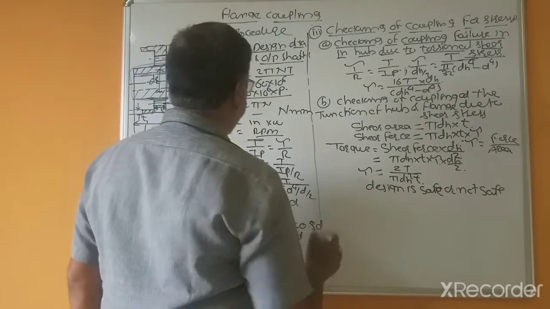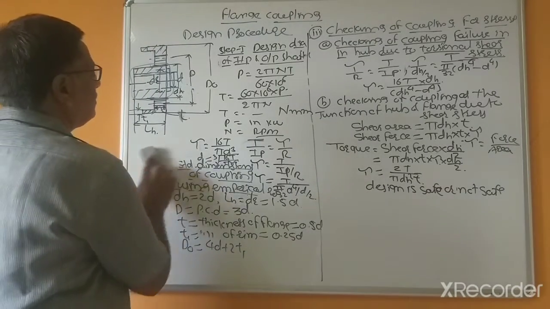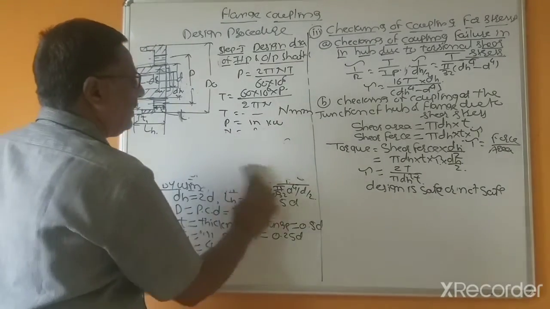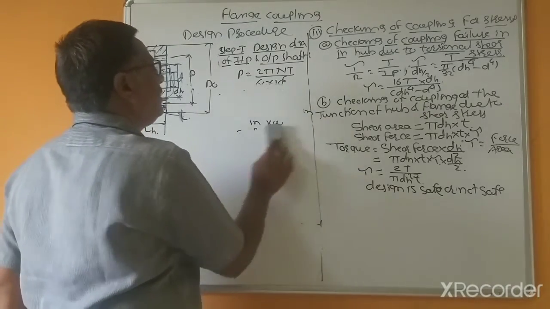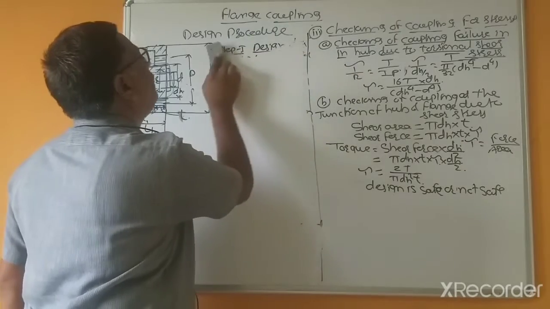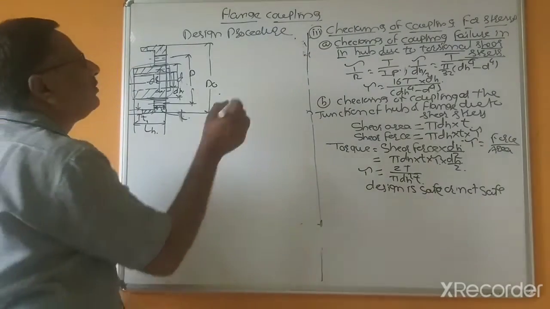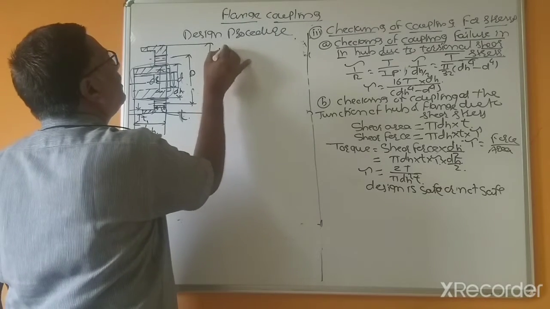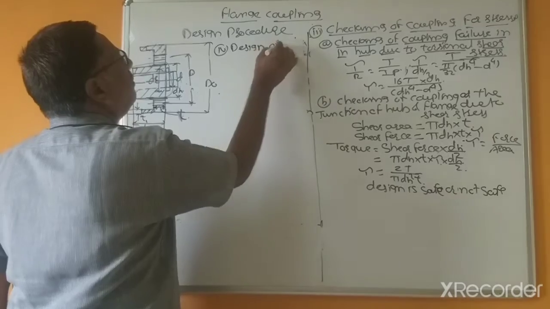Fourth step: because I now require space, I am erasing this, because for the fourth and fifth steps we require space. The fourth step is the design of the bolt.